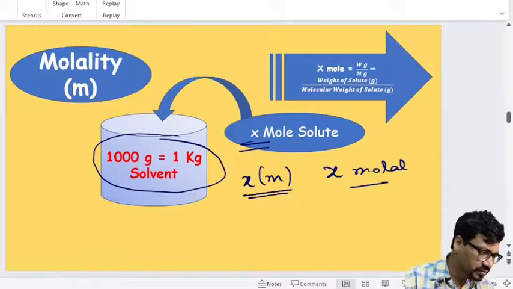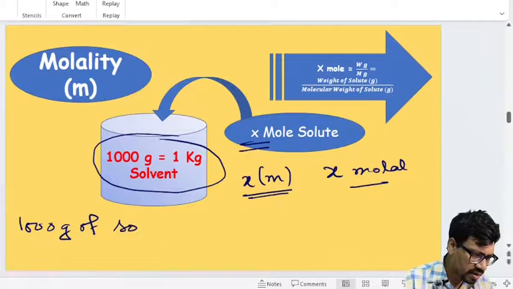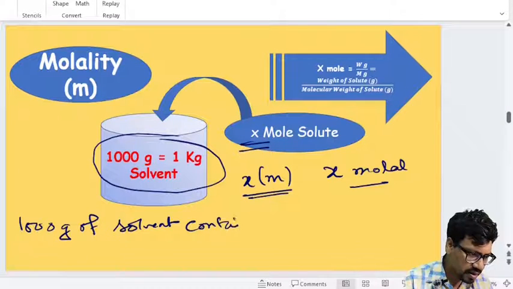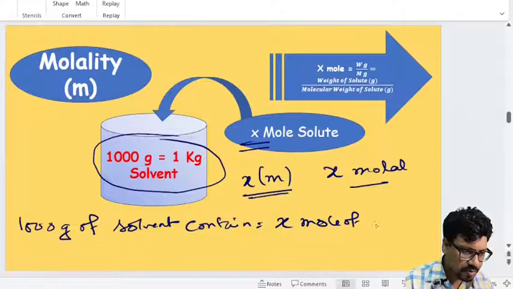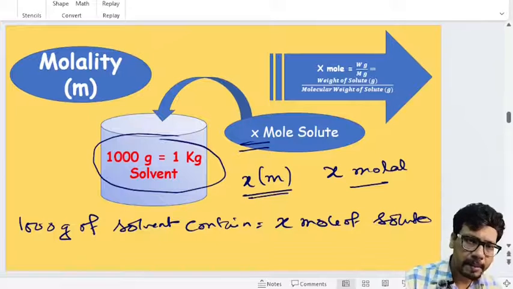Clear? So molality means in 1000 gram of solvent contain X mole of solute. Clear?